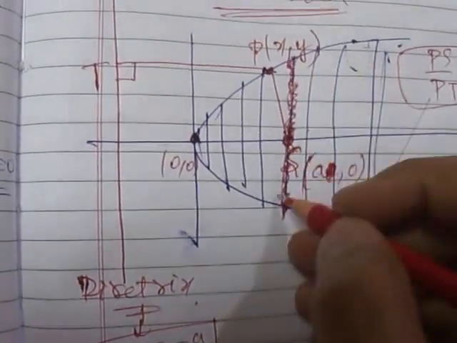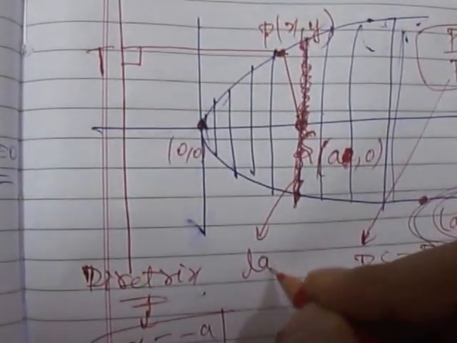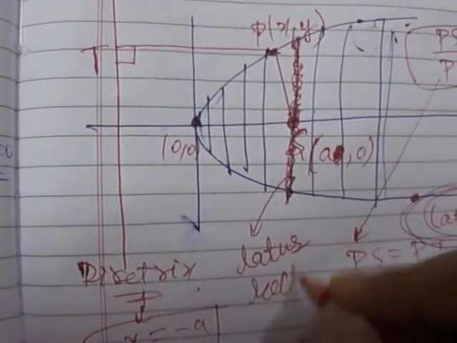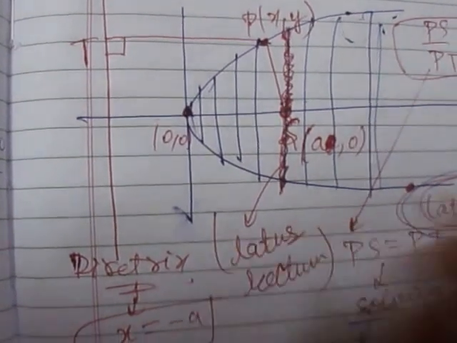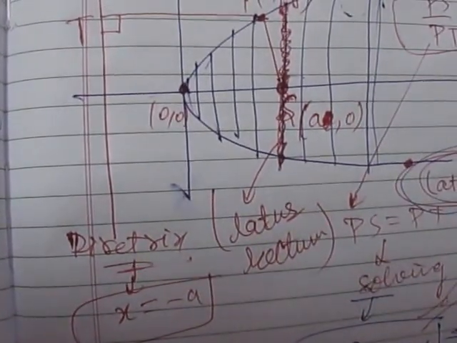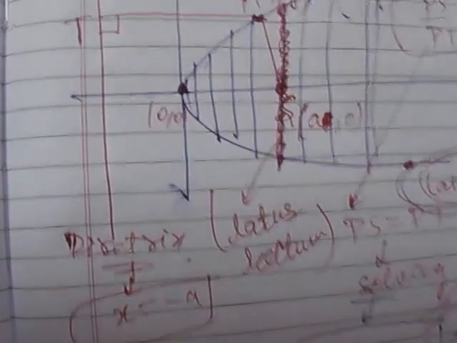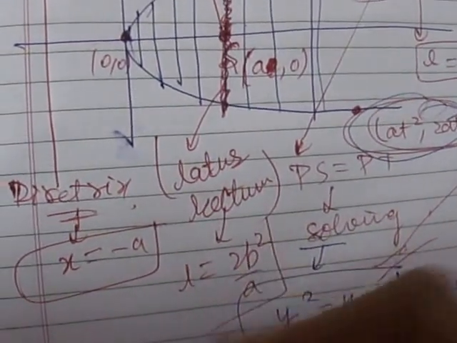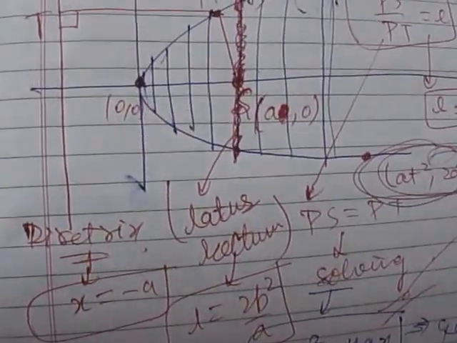This is the latus rectum of the parabola. Obviously this length is 2b square by a.